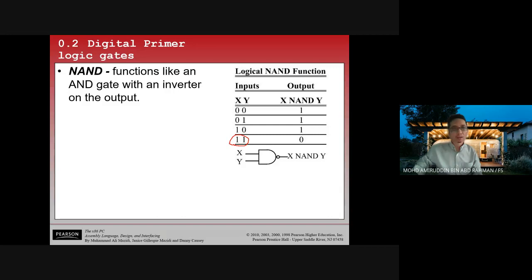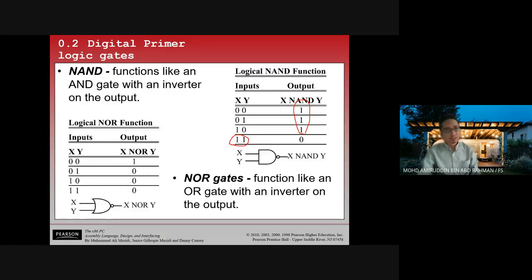But for NAND, you get 0 when both inputs are 1, and you get 1 for all the other combinations of X and Y. So that's the difference between AND and NAND. So NAND is the inverted complement of the AND.